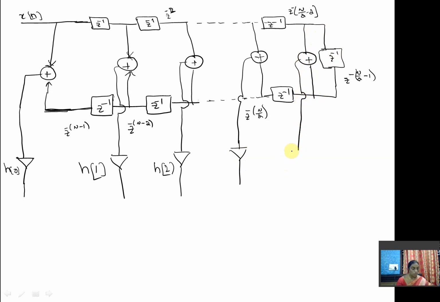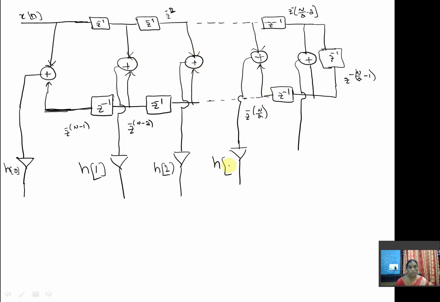Okay, so now this is nothing but h of, what is the value here? Observe.